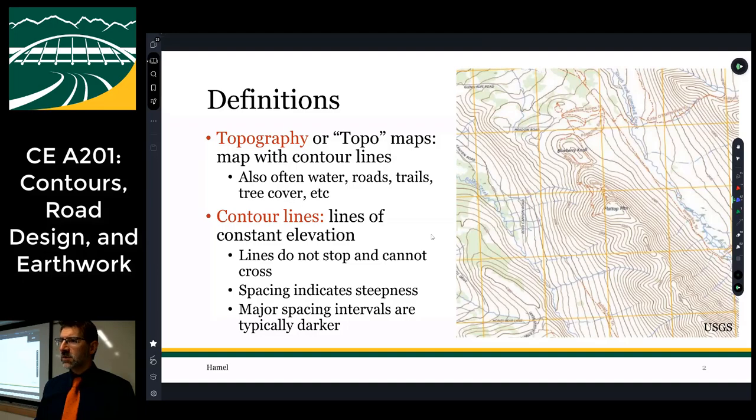Okay, that's most of you. That's good. There's a regular street version, a satellite version, and then a topo version, which will show you all of this, which is really cool. It used to be that you had to get out actual maps.